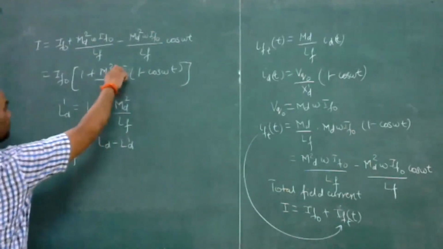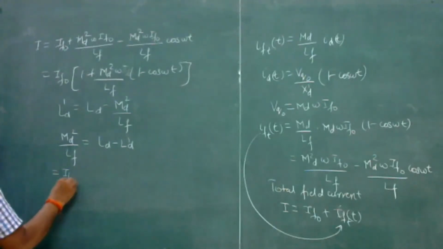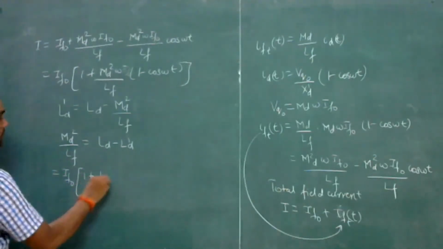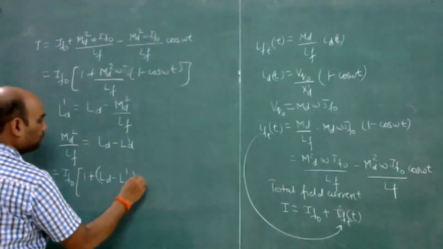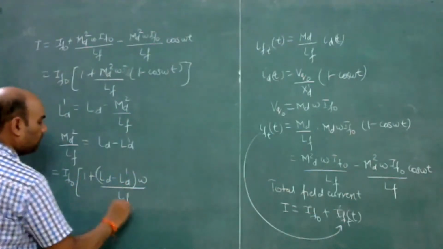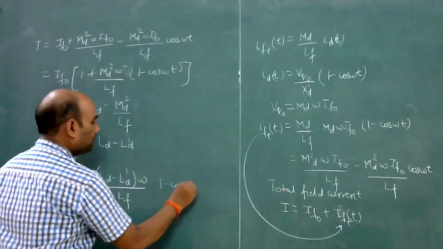Substituting here, this will be equal to If naught [1 plus (Ld minus Ld dash) omega upon Lf (1 minus cos omega t)].